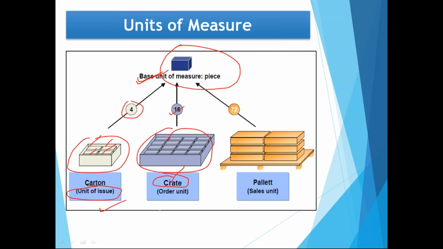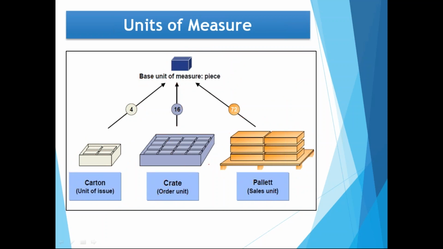So these all become alternate units of measure. Sometimes this is very important for PP. Why? Even though the base unit of measure is PC, while doing the production we will pack them in cartons, so the requirement will come in cartons. Question: for one material master, can you have multiple alternate units of measure at the same time? Yes, you can have. I'll show you that.